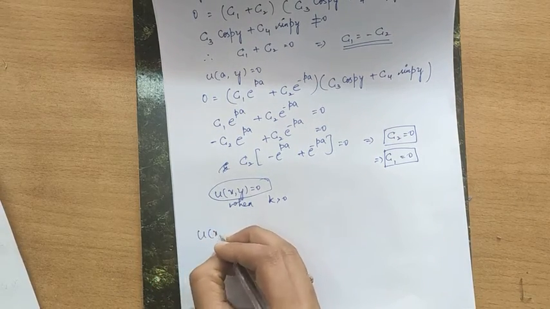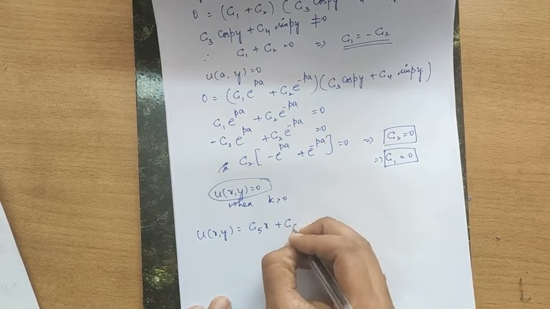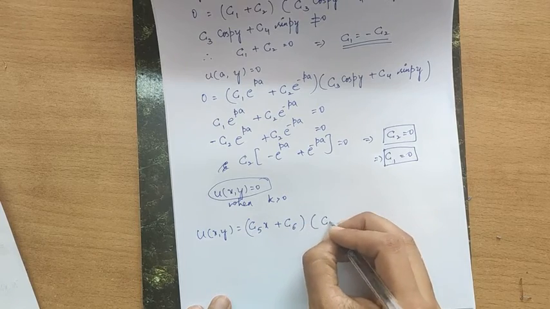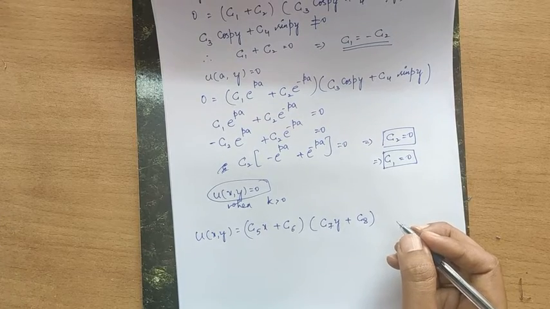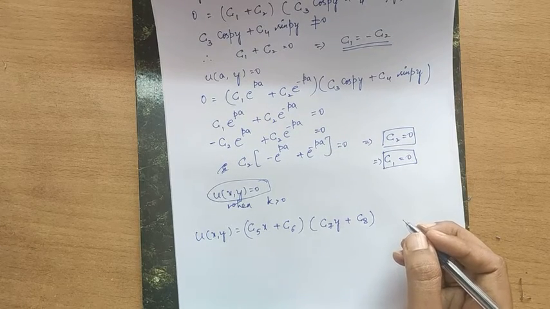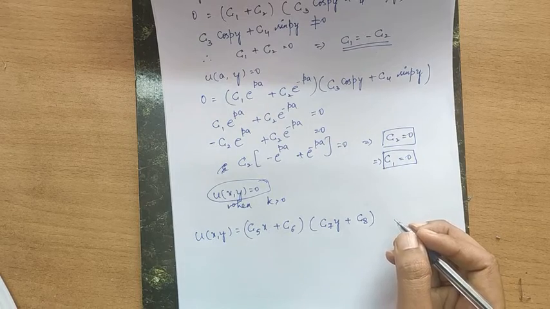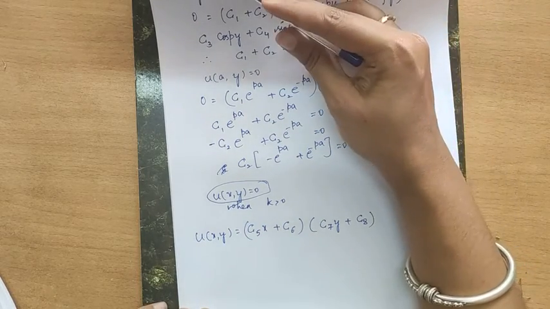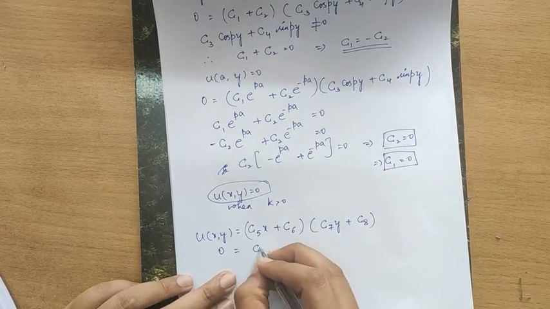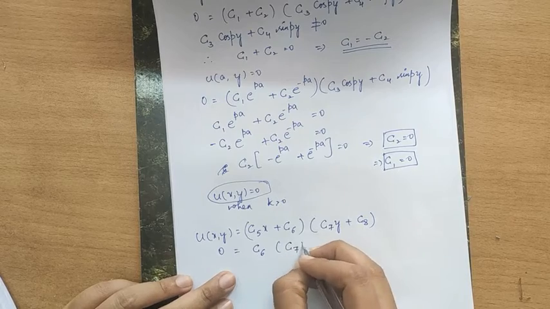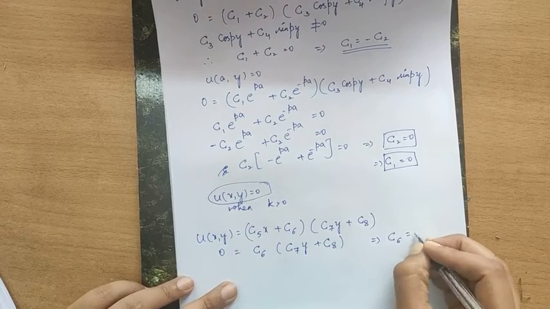Equation number 4 is u of x comma y is equal to (c5 x plus c6) into (c7 y plus c8). This is your equation number 4. Now use the boundary condition here. Again, if you use u of 0 comma y equal to 0, what will you get? 0 is equal to c6 into (c7 y plus c8). So this implies c6 is 0.